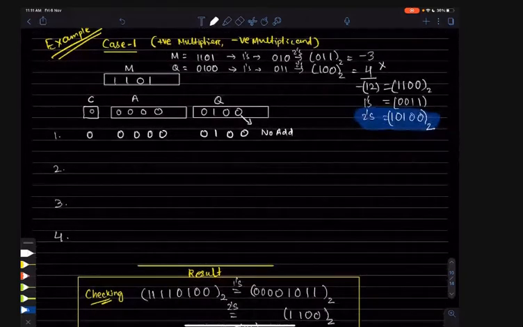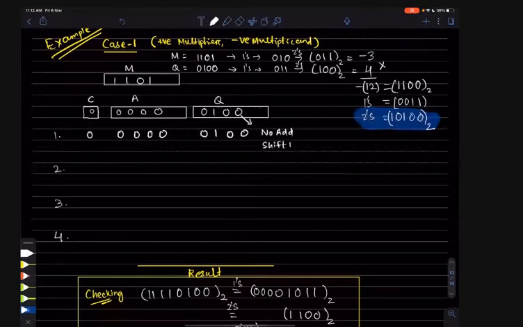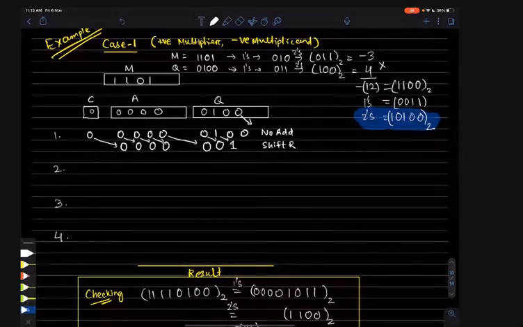After a no add or add operation, there will be a shift right operation. Shift right means this 0 will come here, this 0 will go here, and so on, and the last 0 will go out of the register.